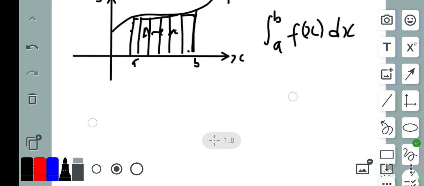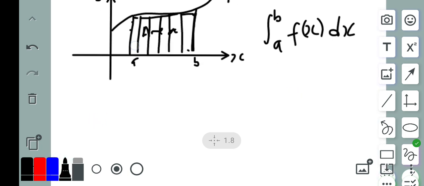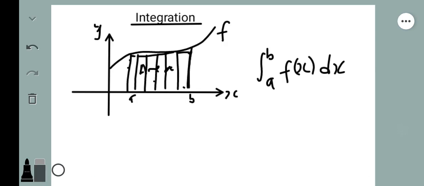All these rectangles here lead to what we call the lower Riemann sum, or lower Darboux sum. Let me write it.